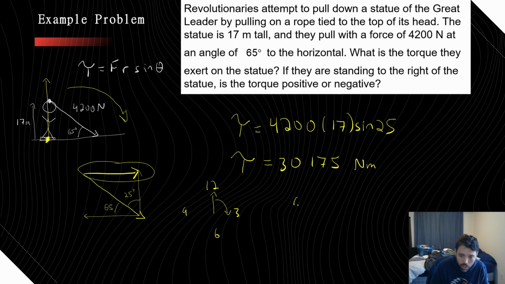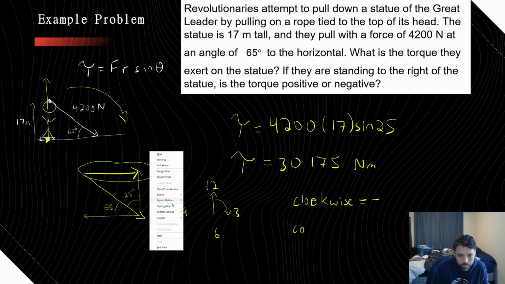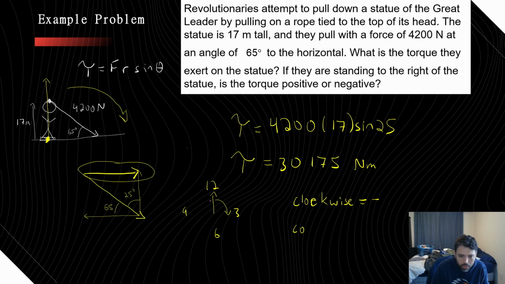We generally call clockwise negative. It is a negative direction. And we generally call counterclockwise, if we rotate the other direction, the opposite of a clock, positive.